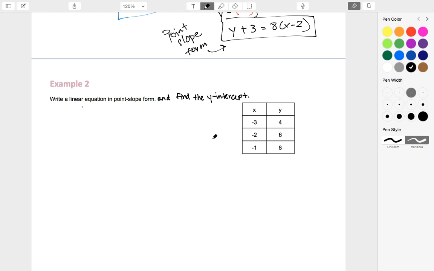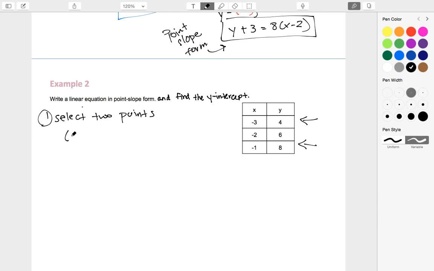Okay, so in this case, what we want to do if we're given a table, we want to select 2 points. So I'm going to select -3 and 4 and -1 and 8.